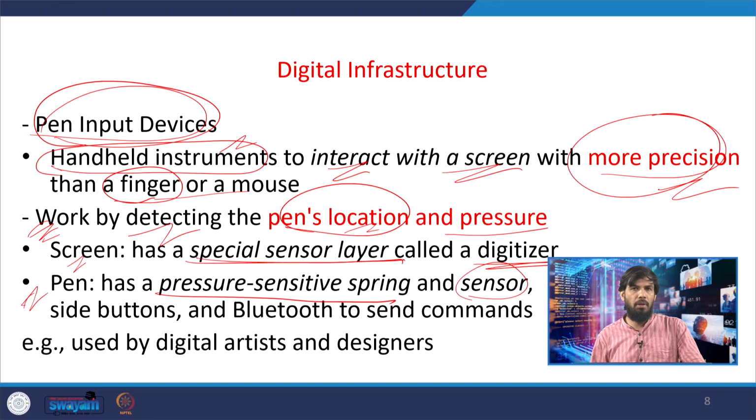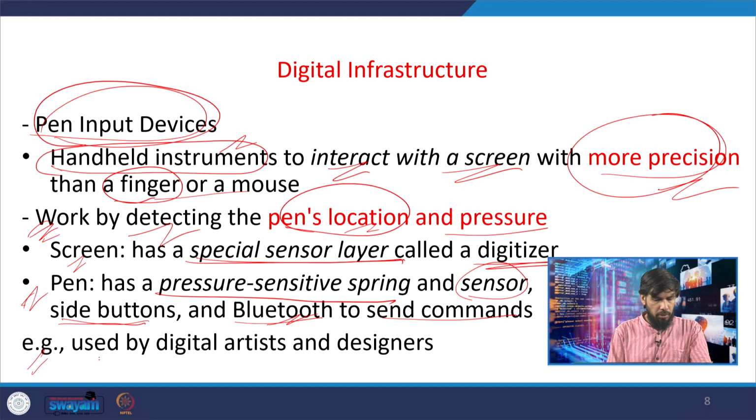The sensor will capture that and then communicate back to the system. There would also typically be side buttons on the pen, like the one that I am using here. You can see the side buttons here. Some high end pen devices might also have Bluetooth to send commands, so extra commands can be sent.